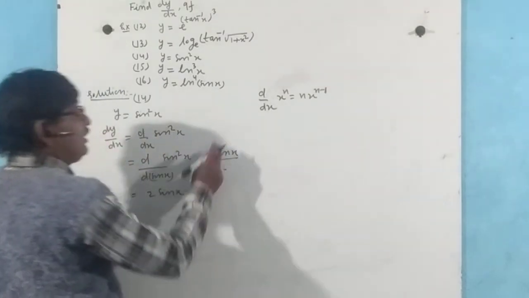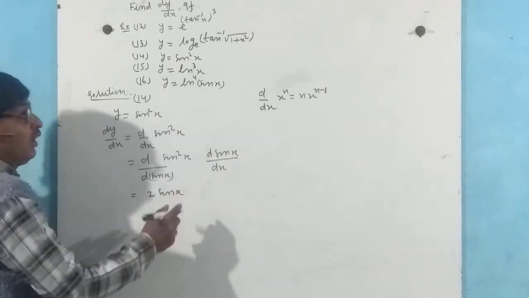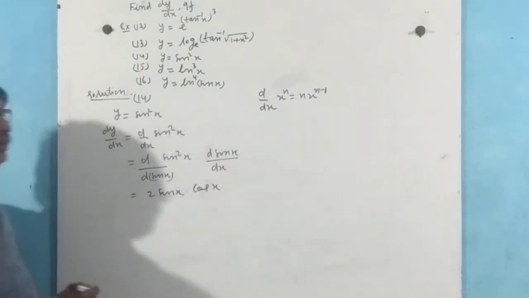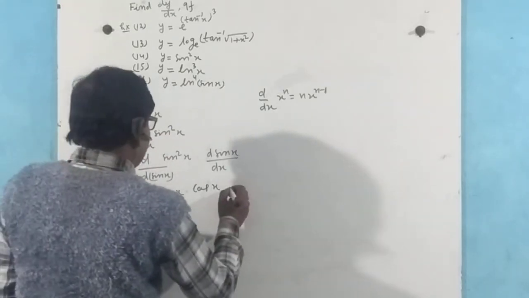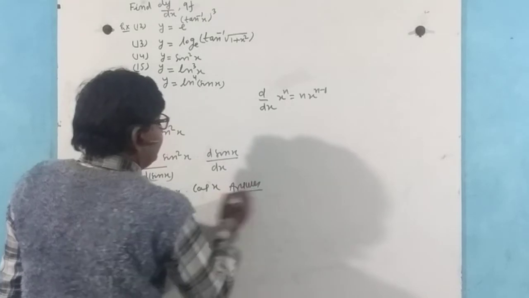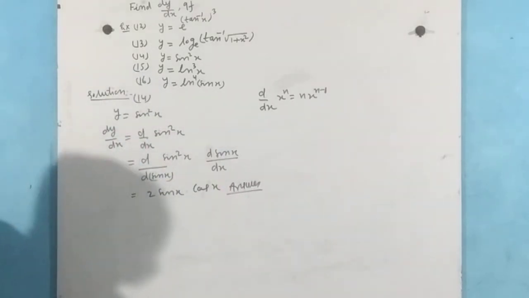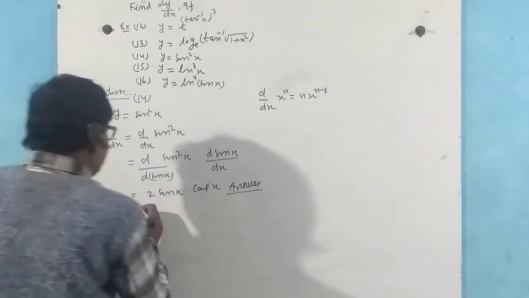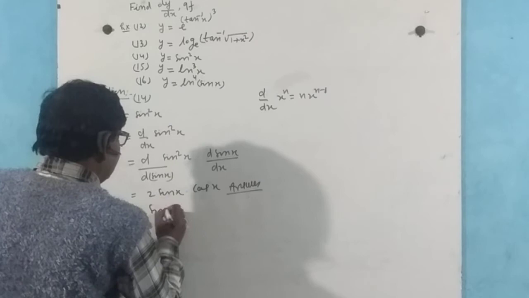And differentiation of sin x with respect to x is equal to cos x. This is our answer: 2 sin x into cos x. It can be written as sin 2x.